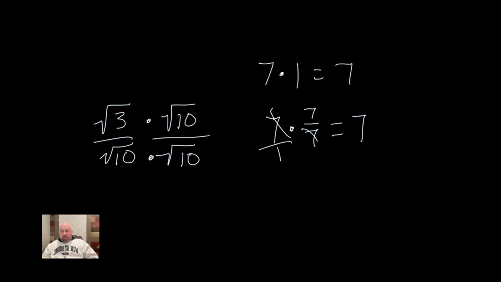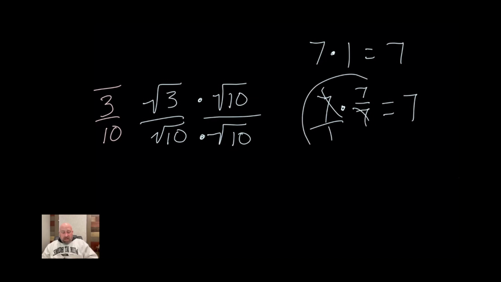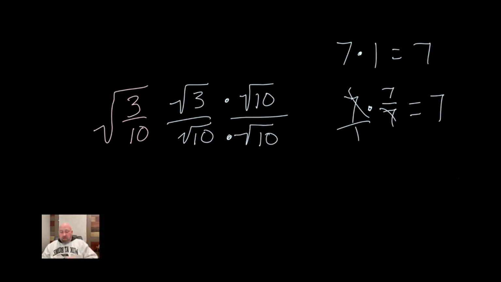This same principle right here is going to work with this. Why? Because we're actually multiplying by the number 1. And you're like, that is the weirdest looking number 1 that I've ever seen. Well, remember in identity, whenever you have a fraction with the same numerator and the same denominator, it always equals 1.